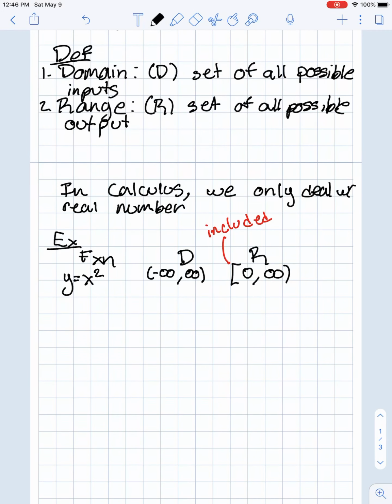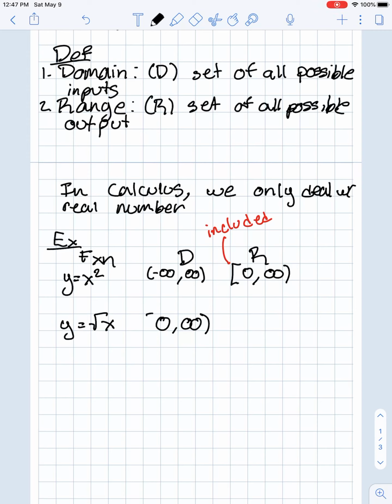So what if we do y equals square root of x? Can I just put in any old number into here? No, not really. I can't plug in a negative number. So the lowest thing I can put in is 0, but I can put in any positive number. Again, I need to think about if I'm going to include 0 or not.